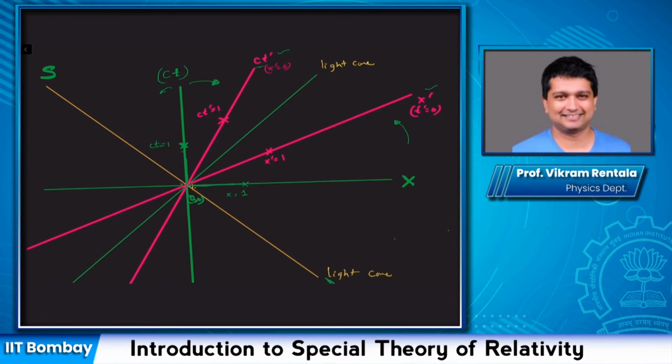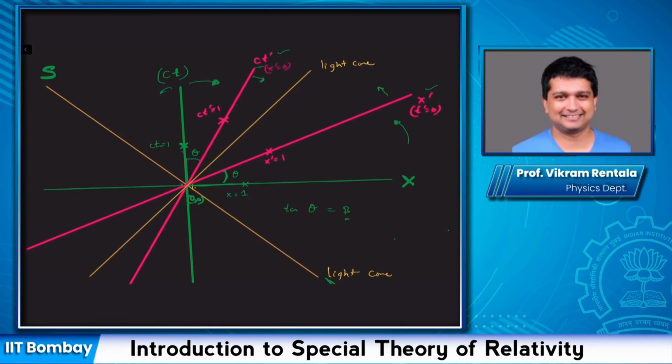And remember again that the slope of this line, this angle, if we call it theta, then tan theta is beta, and this angle is theta as well. So if we increase the speed of observer S prime relative to observer S, then the angle theta increases, and these axes get squeezed even more towards the light cone.